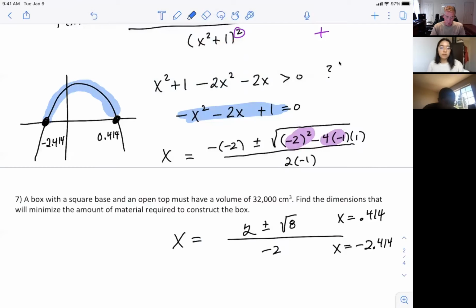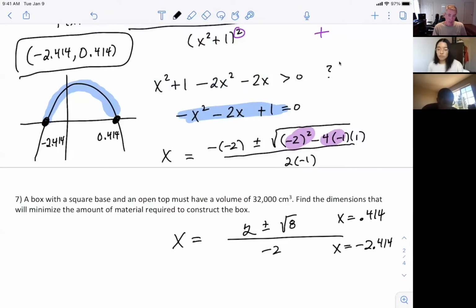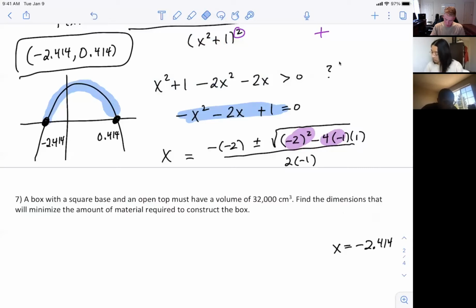So that means between the two numbers, between negative 2.414 and positive 0.414, that is where it's positive. Any questions on that one?